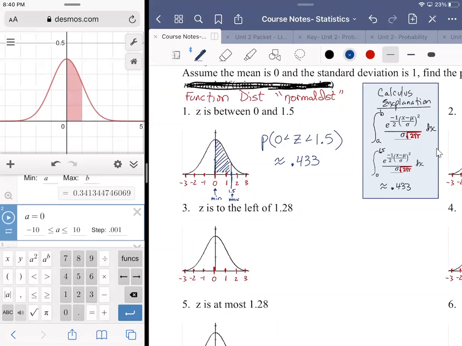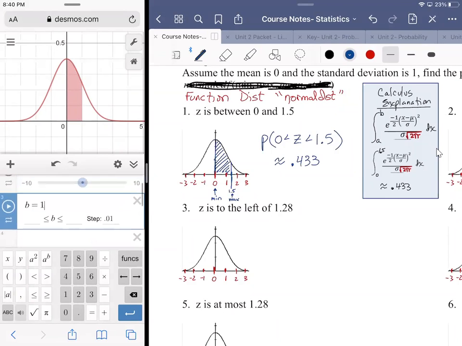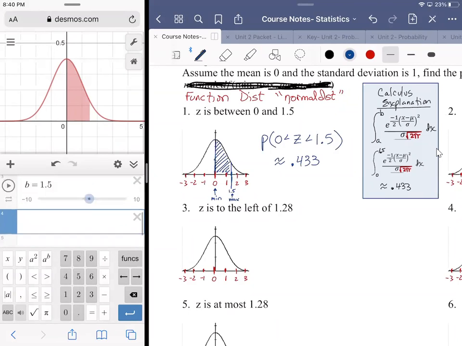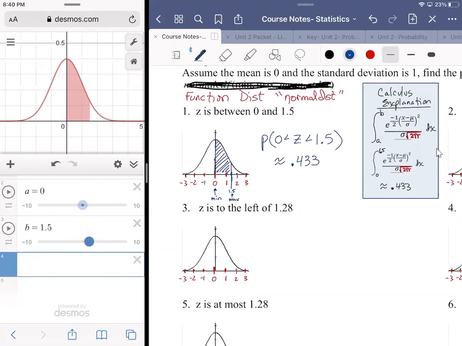So you type in the 0 here and the 1.5 here. But the step, by making this 0.01, would allow it to go to the nearest hundredth. And for whatever reason, it's just not working in this case. When I send you the official one, I'll post it on Blackboard.